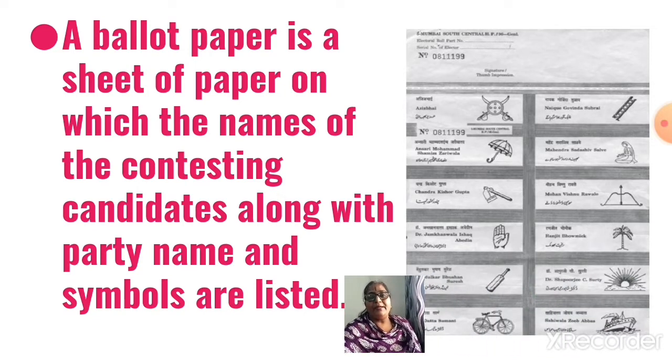Now, a ballot paper is a sheet of paper on which names of the contestants, that is candidates who are contesting the election, along with their party name and also their party symbols are listed. So a ballot paper is a slip of paper used to register a vote.